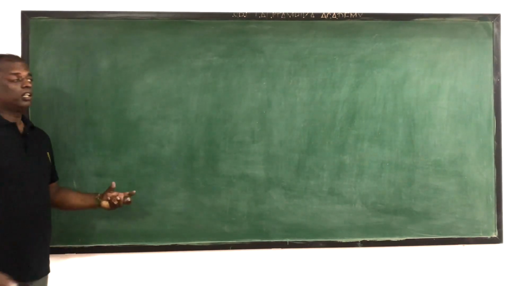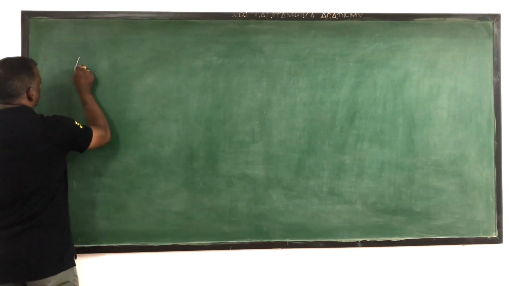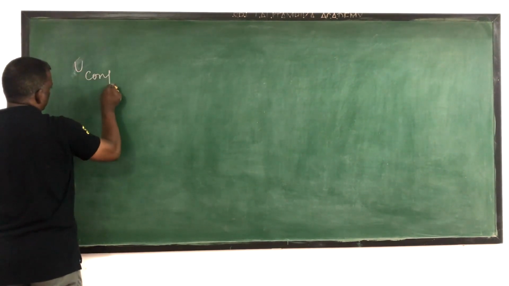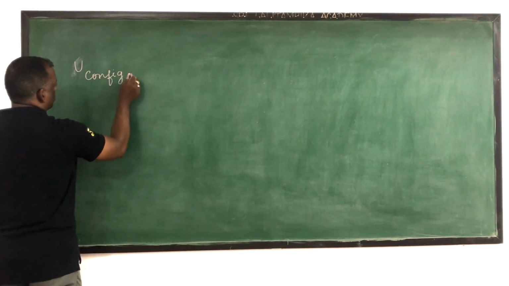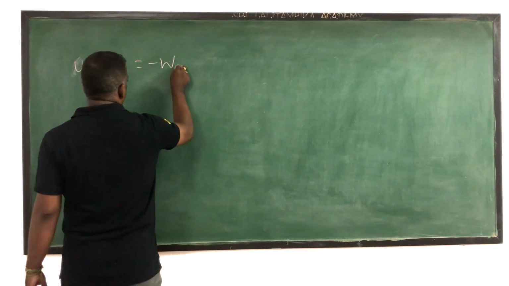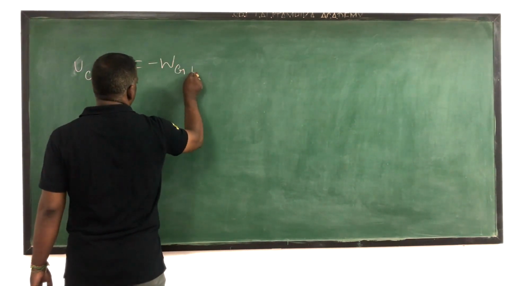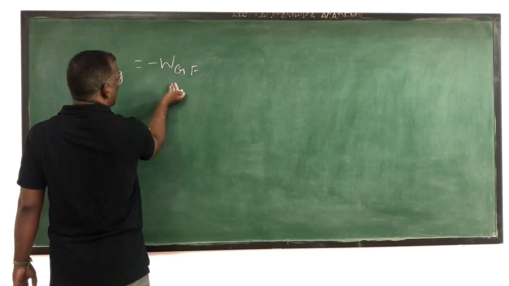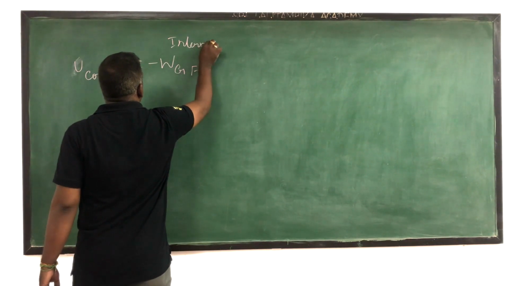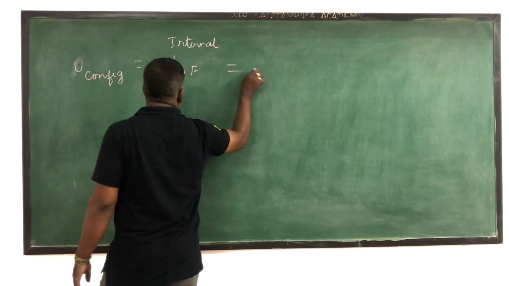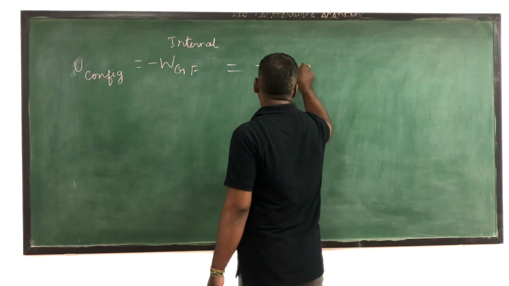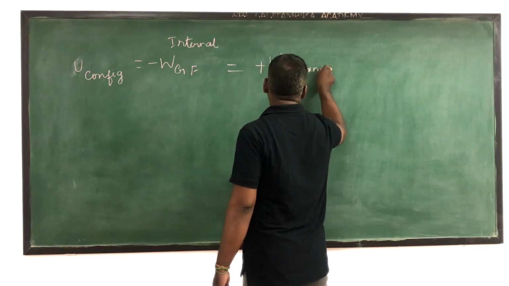So what else can we say about potential energy? U configuration is equal to minus work done by the gravitational force. So this gravitational force is the internal force. In terms of the external force, it is plus work done by the external force.